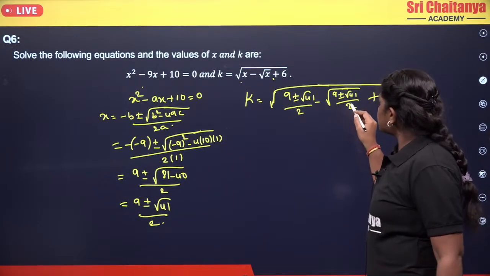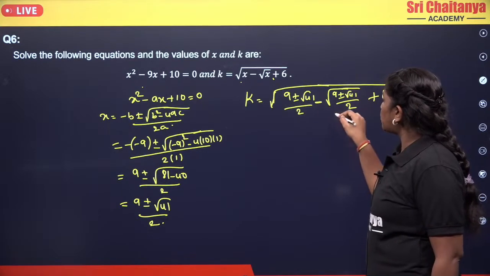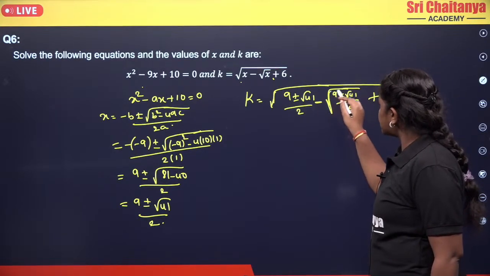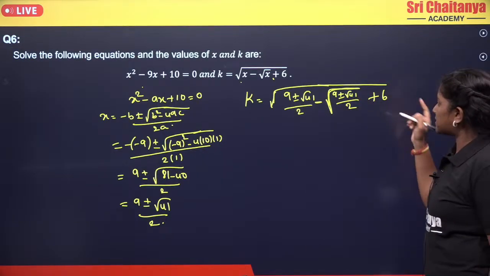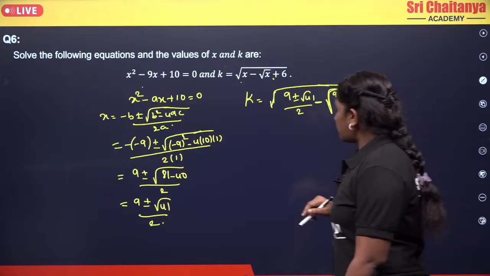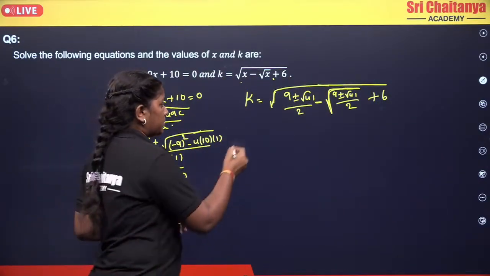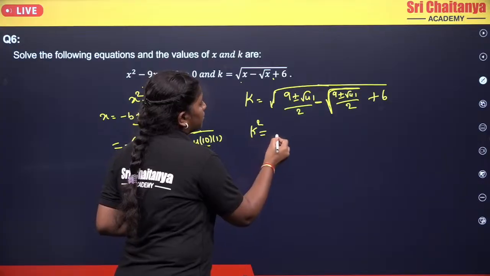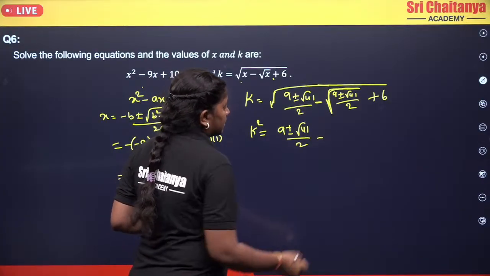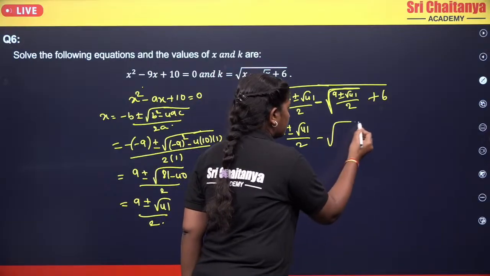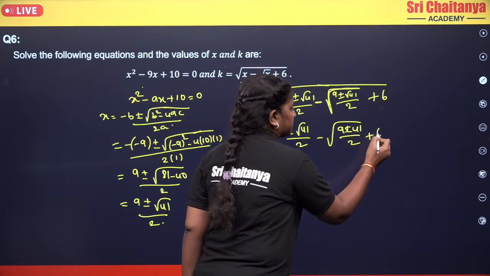If you observe here clearly, we are having root once again here. Okay, now coming to here, if you check here clearly, if you are taking your k square, so k square will be equals to your 9 plus or minus root 41 by 2 minus root of 9 plus or minus root 41 by 2 plus 6.